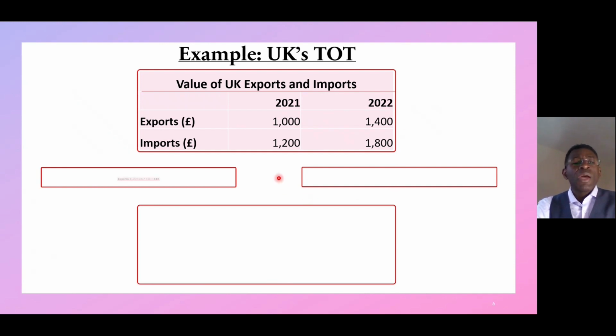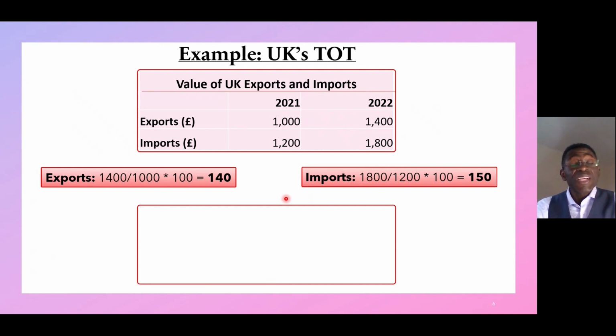Using this formula, the price index for exports for 2022 would be the value of exports, 1,200, divided by the base year, 1,000, and then multiplied by 100, and you get 120.